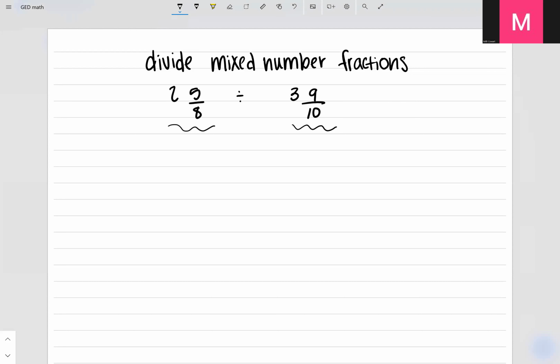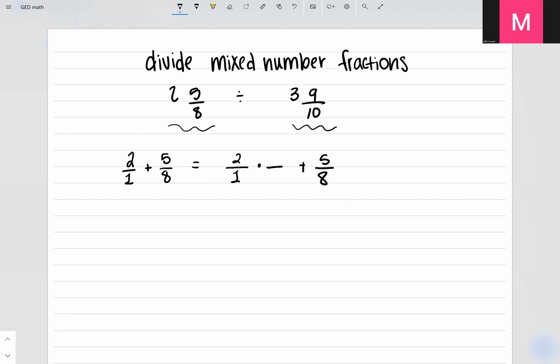So what we need to do to each one of these is add them together. So technically, 2 would look like 2 over 1 plus 5/8. The first thing we want to do is 2 over 1 times something here plus 5/8.